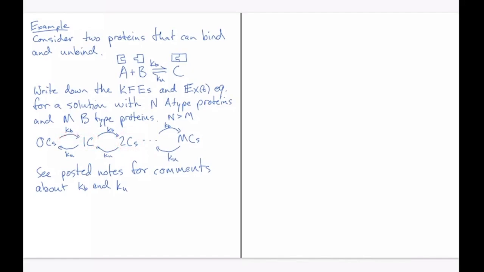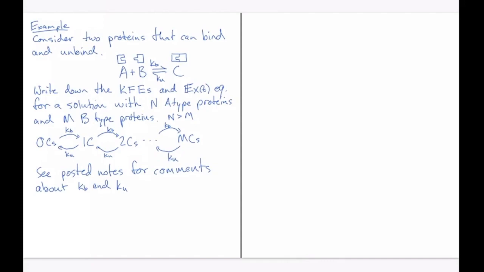The maximum number of C's we can get out of this, because we require the smaller number B, M of the B's, we can never have more than M of the C's. So that's as high as we're going to go here. So we have M plus 1 states that we're transitioning between.